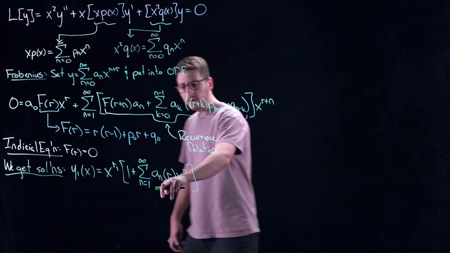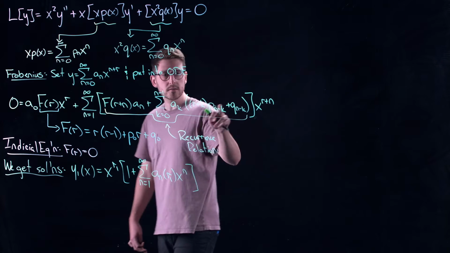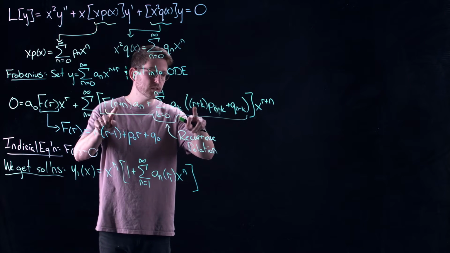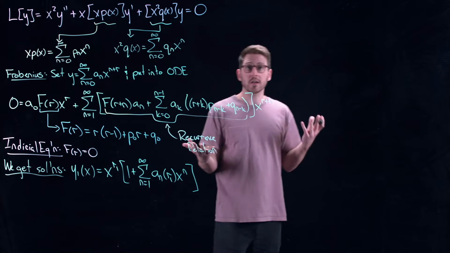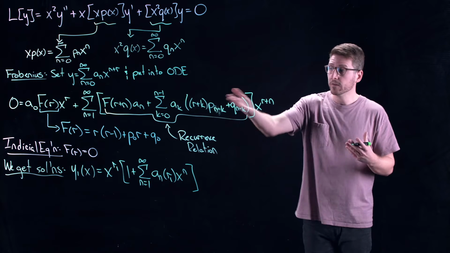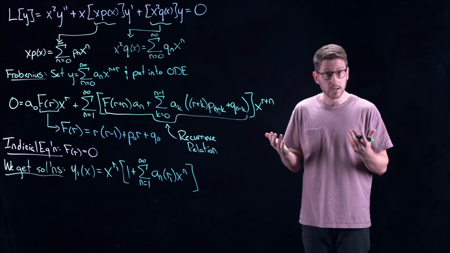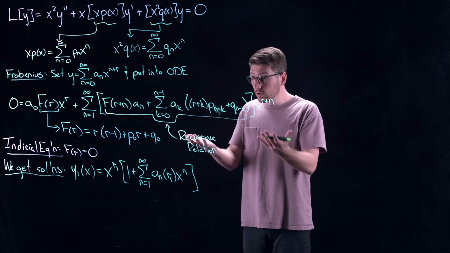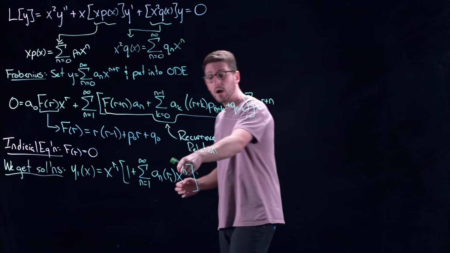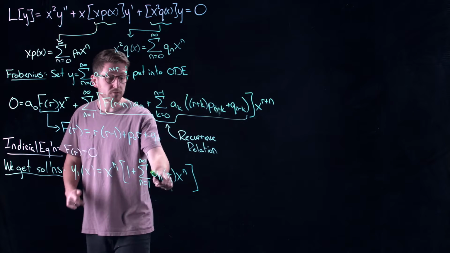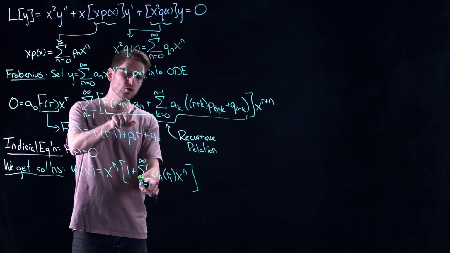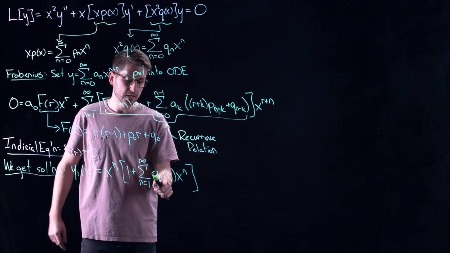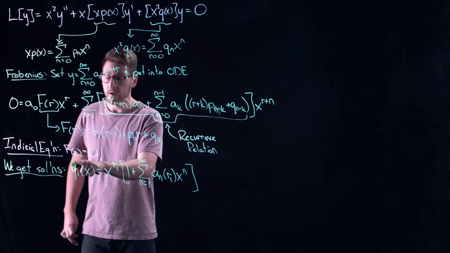Now, why is it that I wrote it as a_n of r1? Well, this solution to this recurrence relation depends on what the value of r is. So in theory, I could figure out what the solution of that recurrence relation is for different values of r. It wouldn't be very useful, but I could do it in theory, right? So I don't always have to use r1 here. That's what I'm trying to indicate: this is the solution to the recurrence relation for that specific value of r, in this case, the root r1 to my indicial equation.